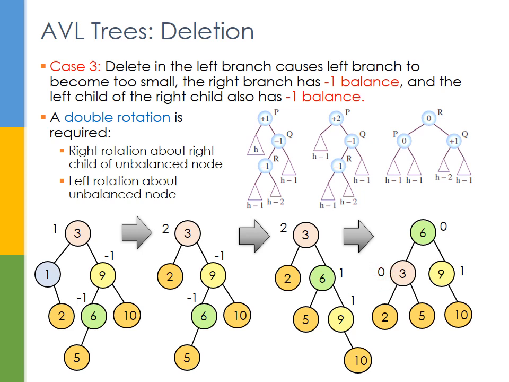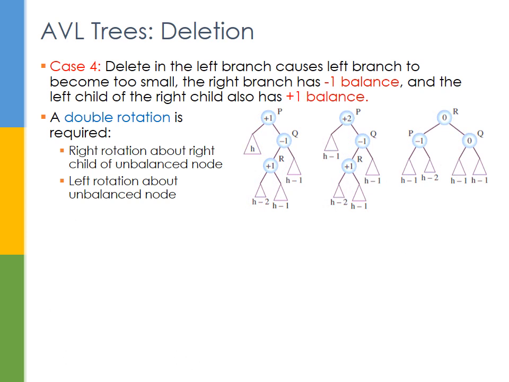The right child of the unbalanced node had a balance factor of -1, as we can see there, and that balance factor is then updated to +1. And then finally, the left child of the right child of the unbalanced node, in other words, node 6 in this case, had a balance factor of -1 that is now updated to 0.